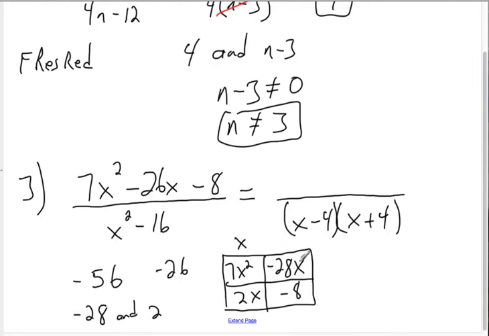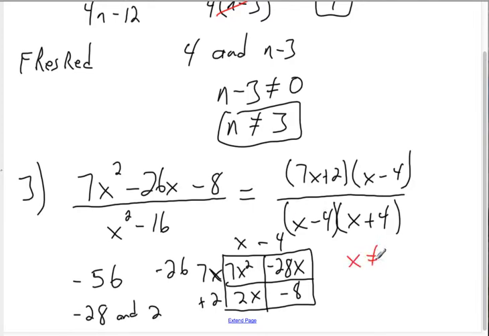I'm going to get x, here's the minus 4, and here is 7x, sorry, 7x plus 2. So on top we get (7x plus 2) and then (x minus 4). So I'm going to make my restrictions now. From here x is not allowed to be 4, and from here x is not allowed to be negative 4.